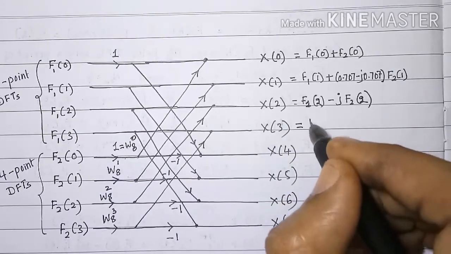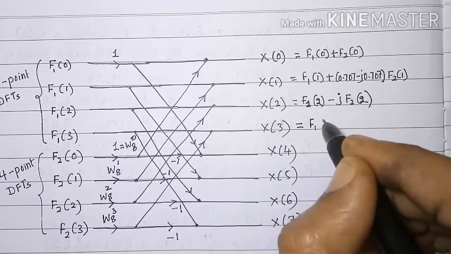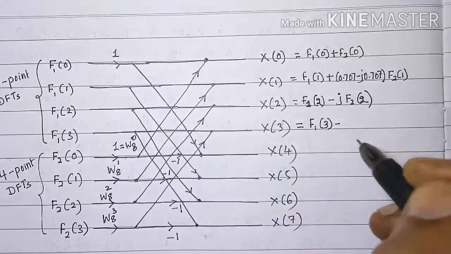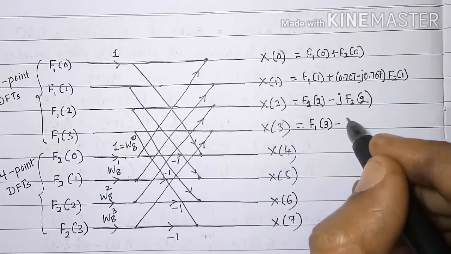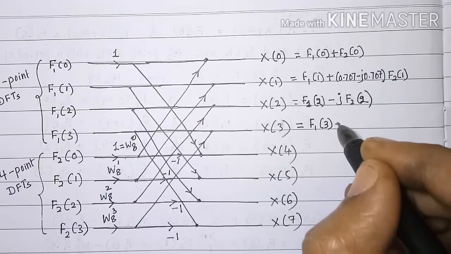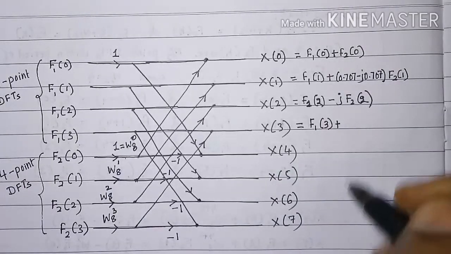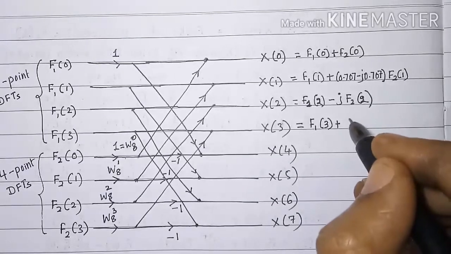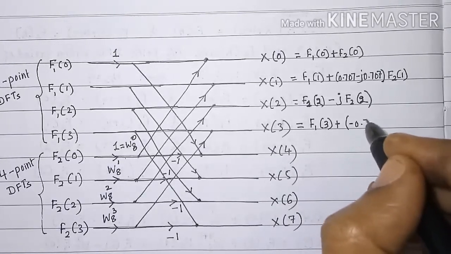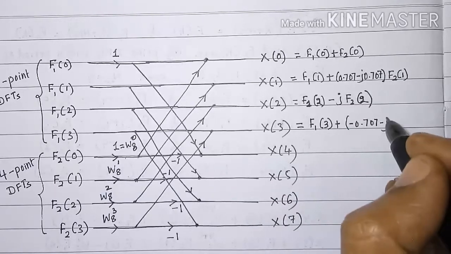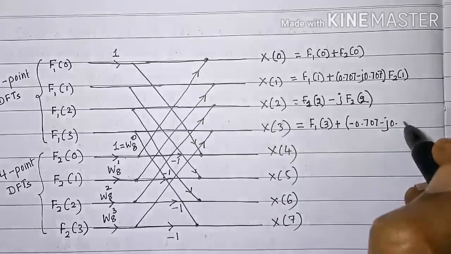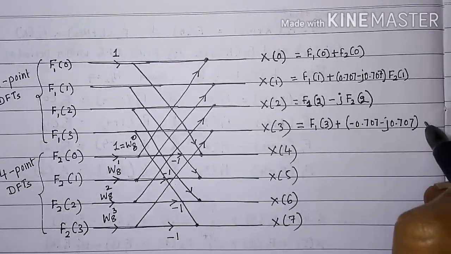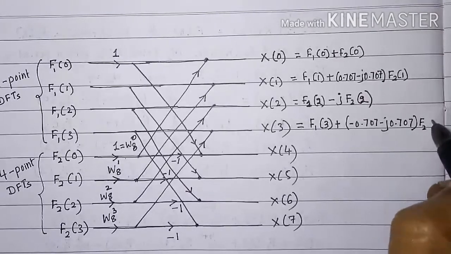X of 3 equal to f1 of 3 plus minus 0.707 minus j 0.707 f2 of 3.